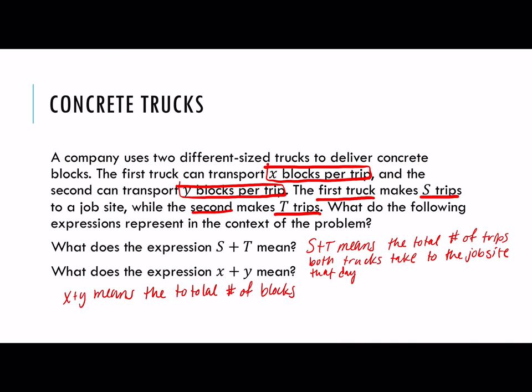Essentially, these are numbers of blocks per trip, the total number of blocks per trip made by both trucks. Okay, so a little introduction to the problem here.